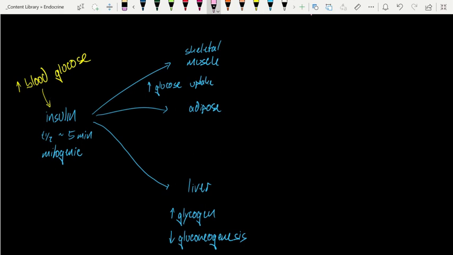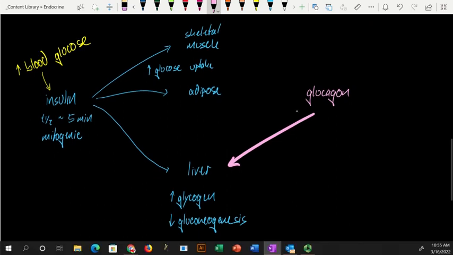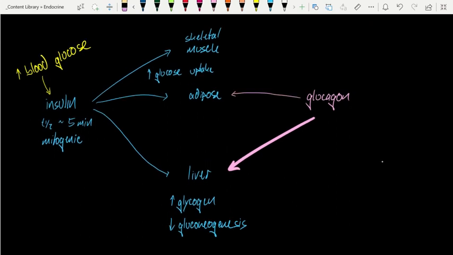The flip side of all of this is glucagon. Glucagon's primary effect is on the liver. However, recent studies have shown an effect on adipose as well, where we get increased lipolysis, and that's going to lead to increased free fatty acids in the blood, which, if I'm not eating sugar or don't have sugar in my blood, that becomes my source of energy primarily for my skeletal muscle.